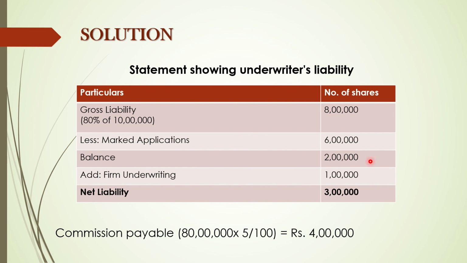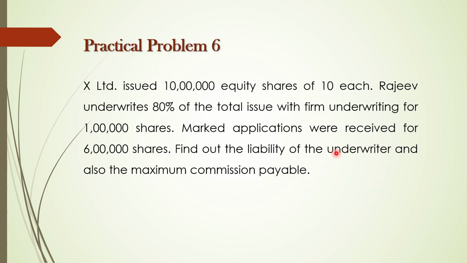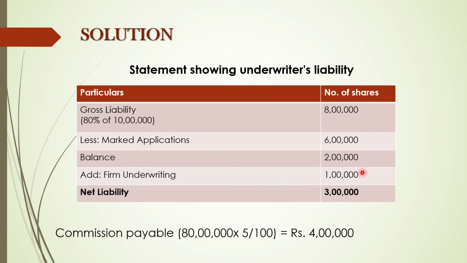Here also there are no unmarked applications mentioned, so this 2 lakh will be the liability. Now we have firm underwriting of 1 lakh shares. We add firm underwriting, and now the net liability is 3 lakh shares. So the net liability of Mr. Rajiv, the underwriter, is 3 lakh shares.